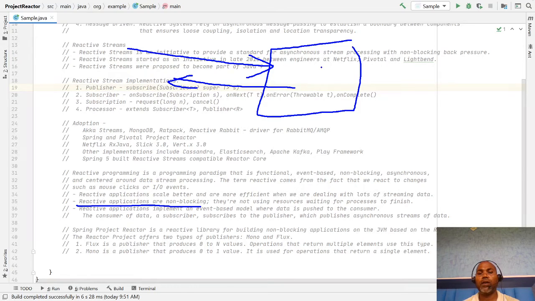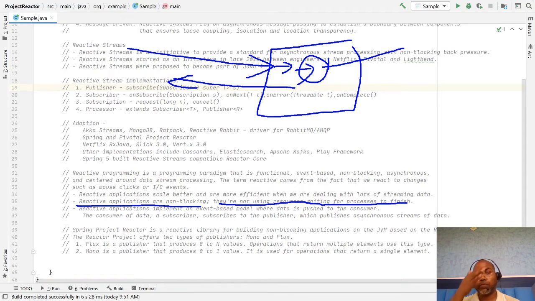And if the particular resource demanded is taking some time for calculation, this request is not blocked. It should be unblocked. That is the feature available if our reactive applications are non-blocking. They are not using resources while waiting for the process to finish.